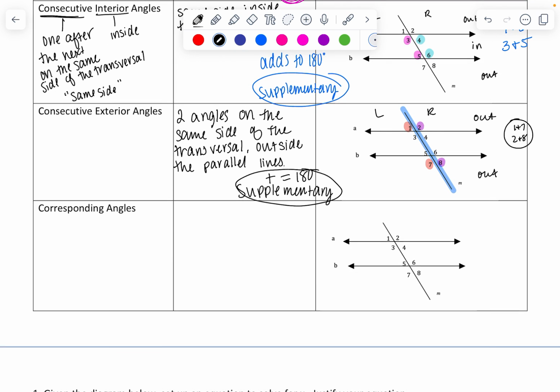Okay, if I'm going too fast, just pause the video, get your notes written down. Okay, and then the last one we have today is the corresponding angles.